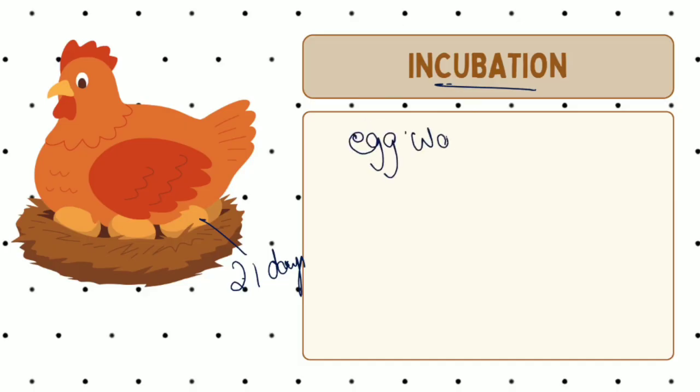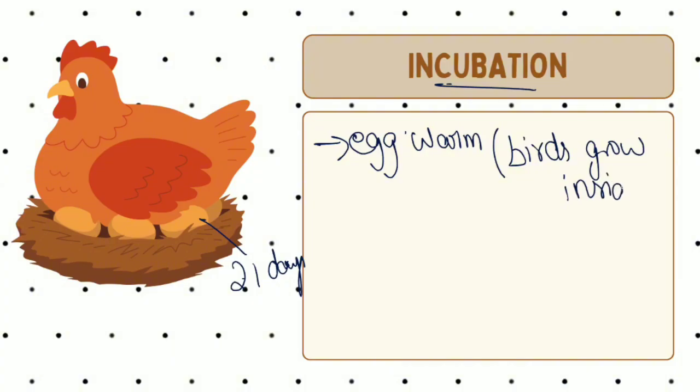Why is keeping the egg warm important? Because this helps the bird grow inside the egg. So the mother or father bird sits on the egg to give this warmth.